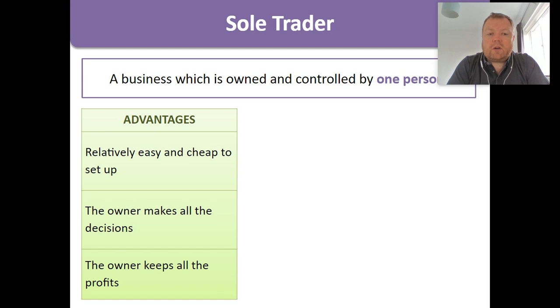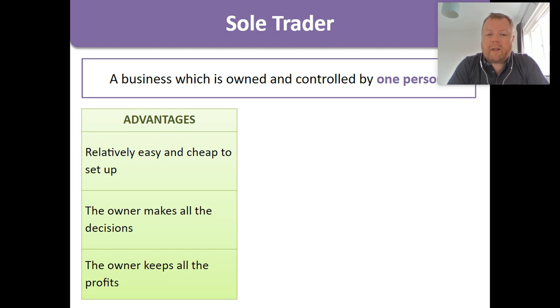With a sole trader, the owner makes all of the decisions. So Bill is 100% responsible for making the decisions of his business. He doesn't have to ask anybody else. That means he doesn't waste any time making decisions, and that means he doesn't have any arguments with everybody. And because he's the only owner of the business, he gets to keep all of the profits.